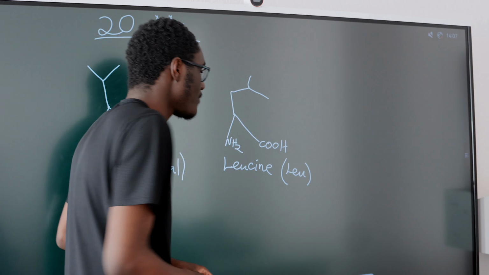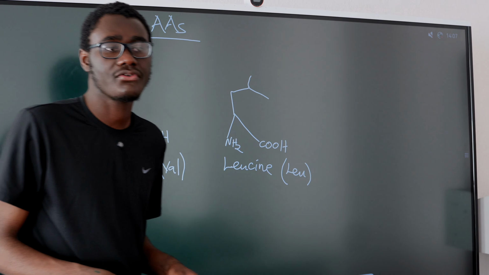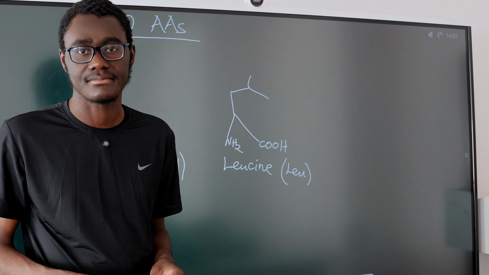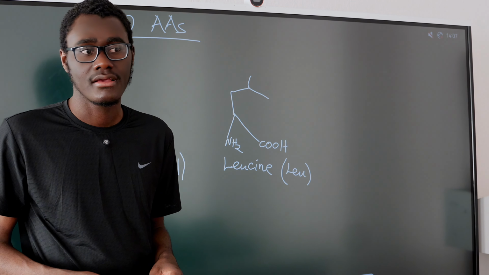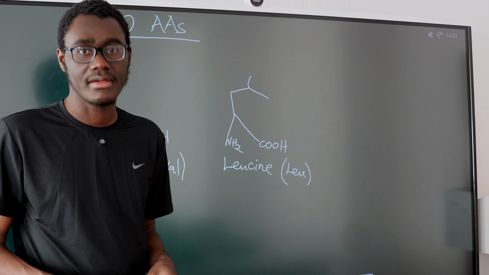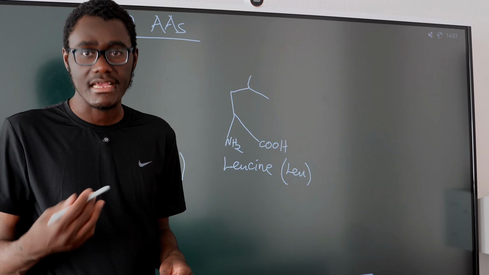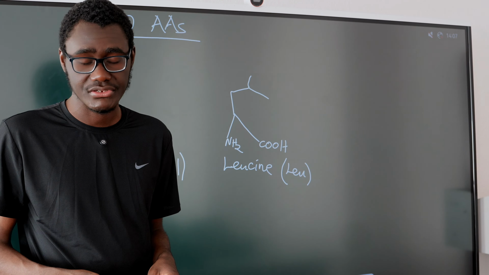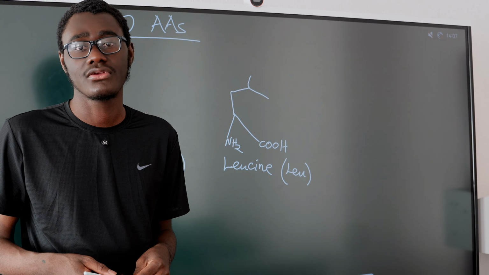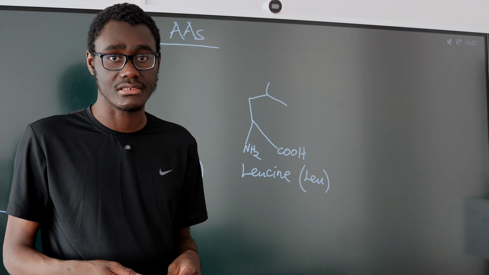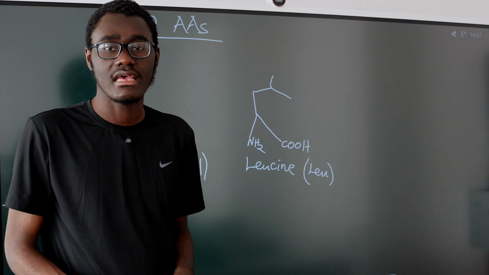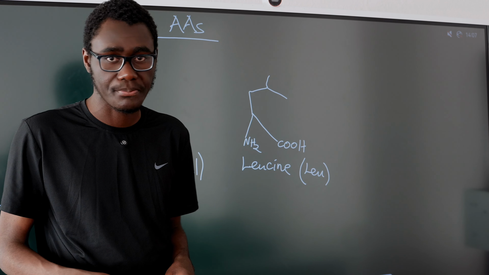Next, the most important thing in chemistry, if you want to remember a lot of stuff, you need to understand the IUPAC naming system. It may help you a lot. For example, here we have leucine and what we call isoleucine. As you already know in chemistry, isomers are compounds that have the same molecular formula but different structures. So the difference between leucine and isoleucine is the position of the methyl group.